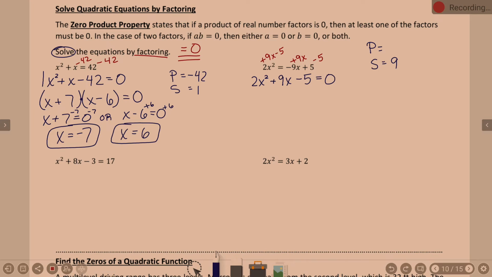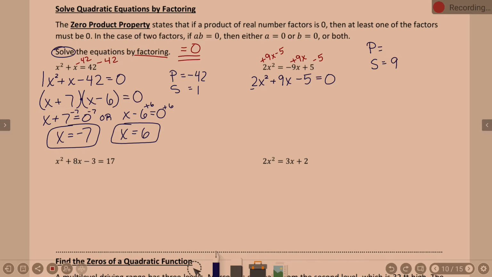So, okay, let's back up. We didn't ask it on either question out loud. Don't forget your first step. Is there a GCF? Unfortunately, 2, 9, and negative 5 don't have something they all divide by. Okay, so here's the deal, guys. There's an A value there, isn't there?